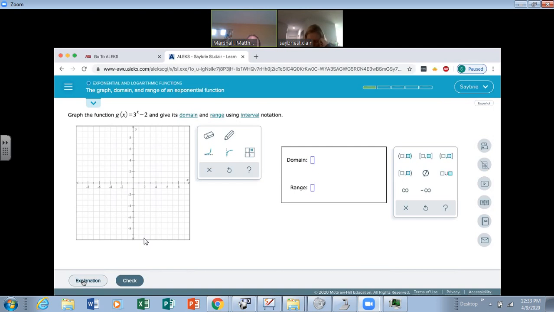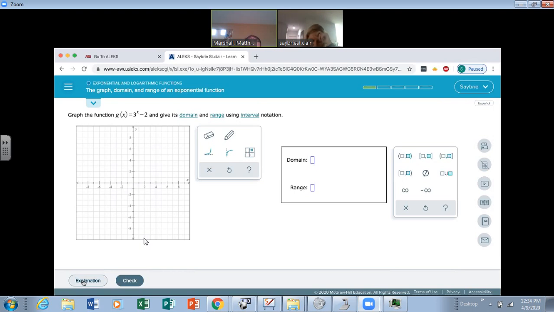3 to the x power minus 2. It looks like I got a horizontal asymptote at -2. And one point is 0, -1, and the other one is 1, 1. Looks like we could nail it from there. Take a picture of that.